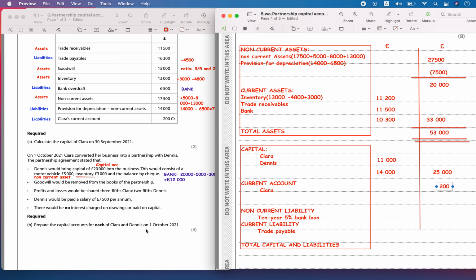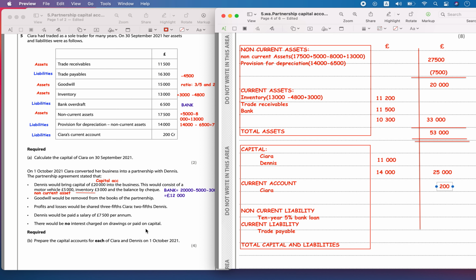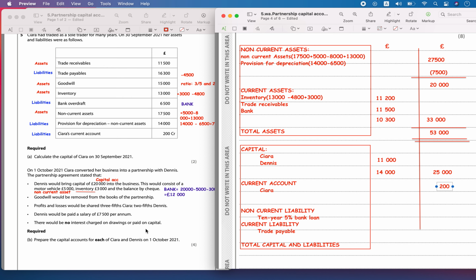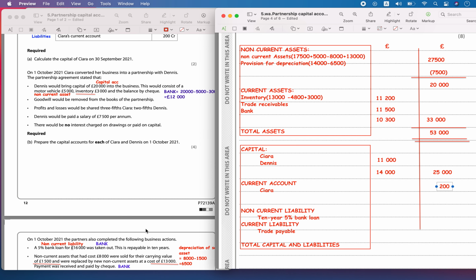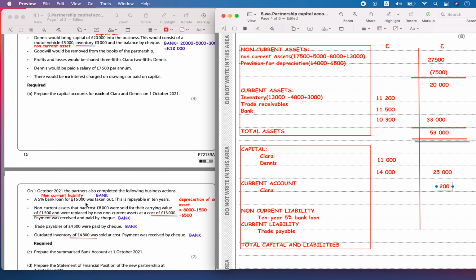Next, we have the non-current liabilities. There was a 10-year 5% bank loan. The bank loan was around 16,000. So they took a bank loan which was 16,000. So let's include that under the non-current liability section.